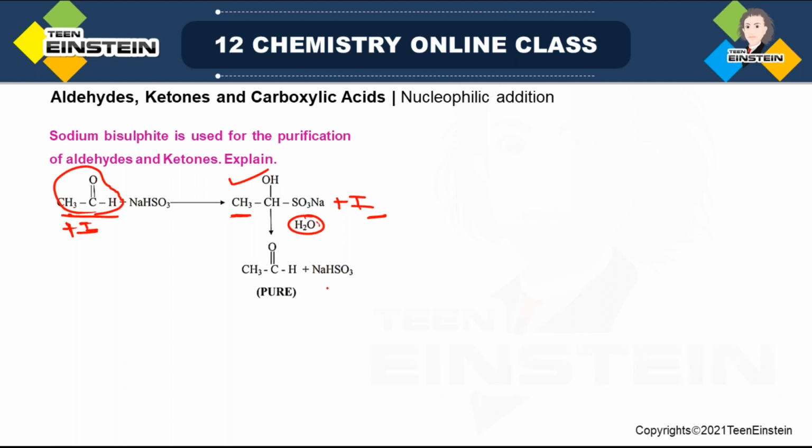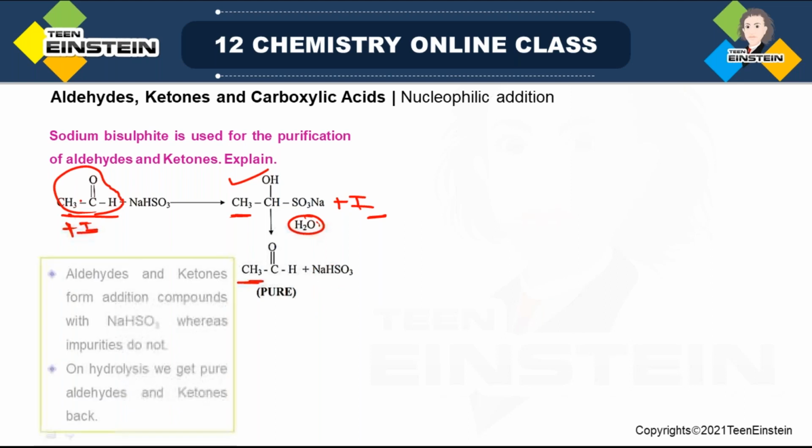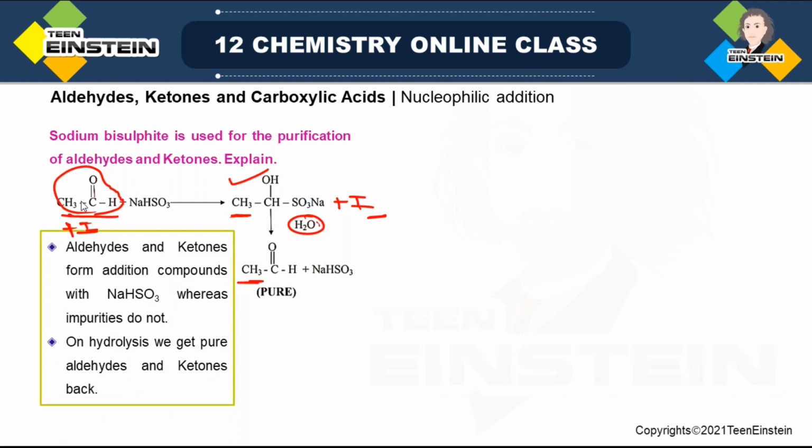Now the soluble filtrate part, if you treat it with mineral acid, you will get back the original starting material. So aldehydes and ketones form addition compounds with NaHSO3, but impurities will not make addition compounds.